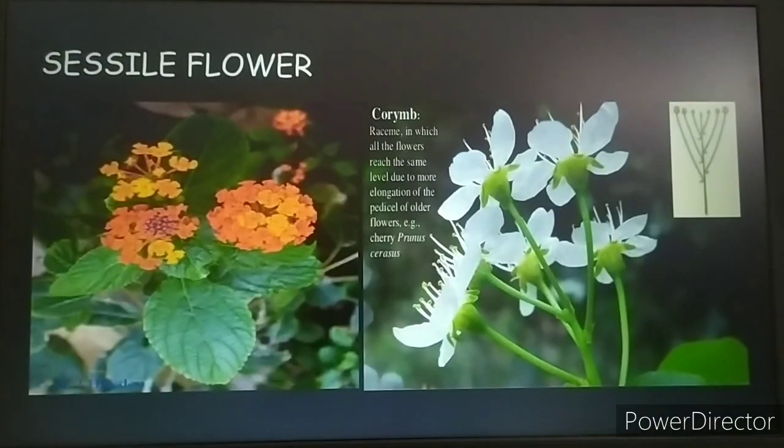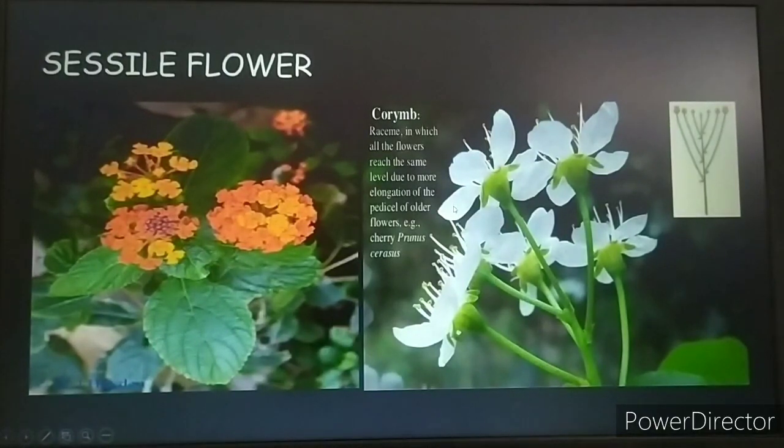An example is seen in the saffron plant. Here you can see in the module, corymb is there. These are sessile flowers, meaning they do not have a pedicel attaching them to the main stem. They arise directly, in clusters or in groups.